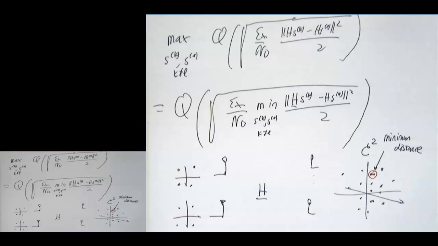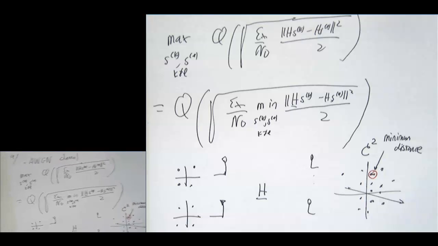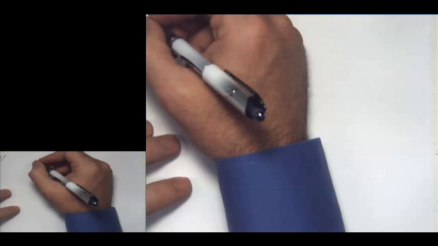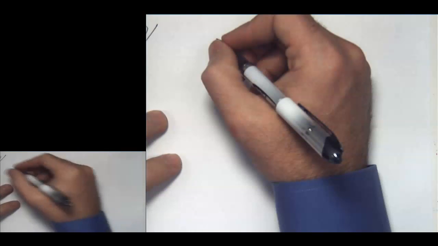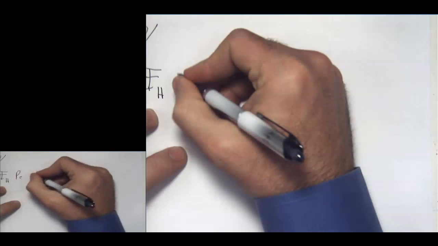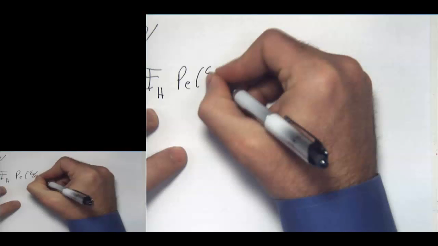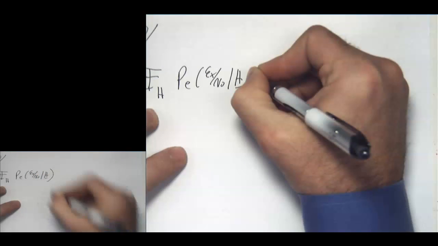Now, that's for the AWGN channel, and I will start talking about the derivation for the average probability of error, which now I'm realizing we probably won't have time to finish, but I think it's worthwhile to start here. So let's look at the expected value with respect to h of the probability of error given the channel here.